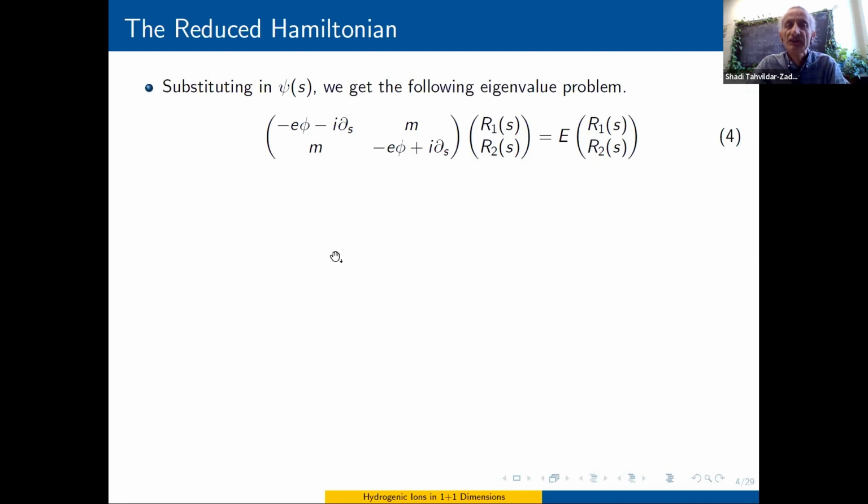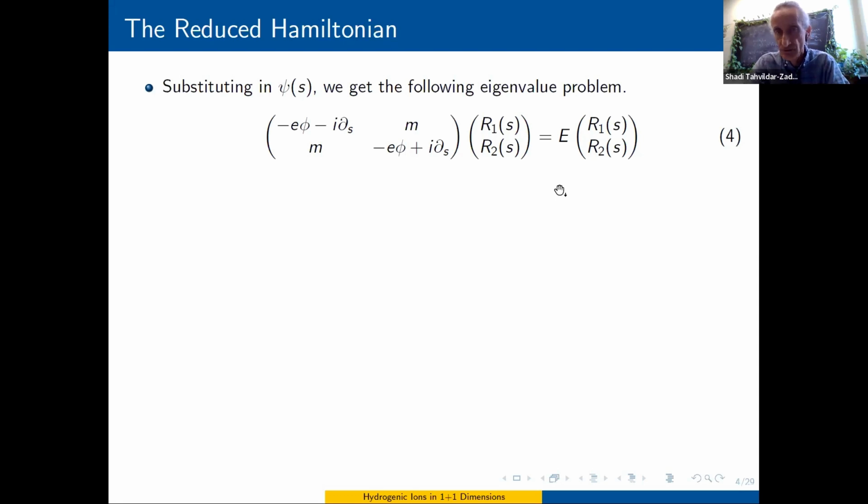So when we write down the corresponding equation that this little psi satisfies in its two components, we see that this looks like an eigenvalue problem. There's some operator acting on this vector that equals some number times the vector. And in this equation, both the vector R1, R2 and the eigenvalue are unknown, of course.